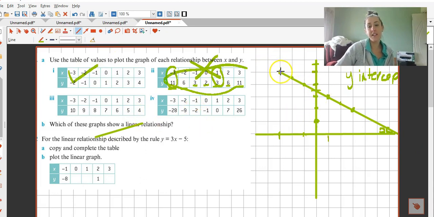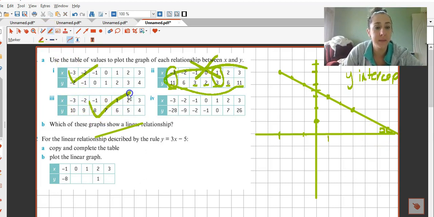So as you can see, a negative gradient, going down, it's got a negative relationship. As the x values get larger, the y values get smaller. Negative relationship. Okay, so that one is definitely linear.